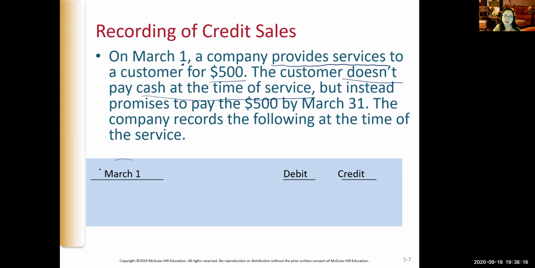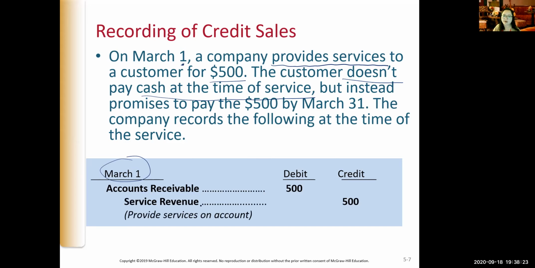So immediately on March 1st, what do we do? We will debit 500 accounts receivable, and we credit service revenue for 500 at the point of sale. The company records the following transactions at the service or sales.